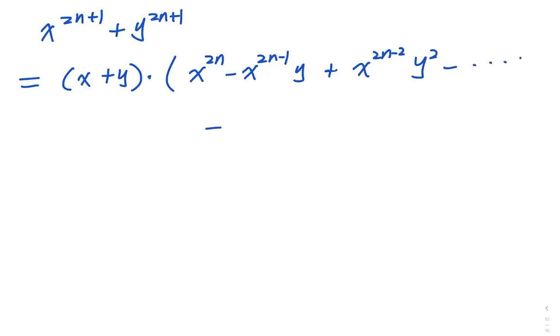And in the end, we are going to have plus x squared y to the power 2n minus 2 minus x y to the power 2n minus 1 plus y to the power 2n.